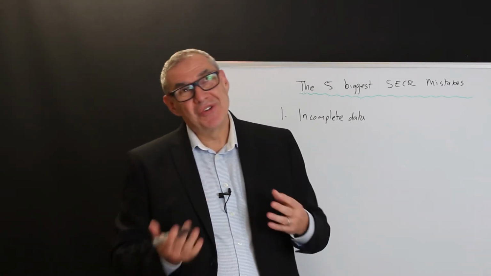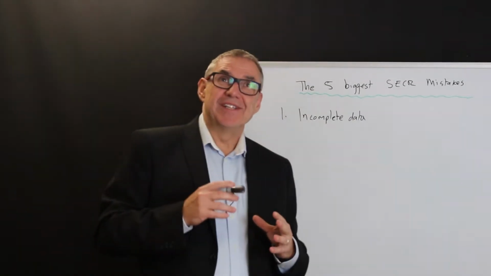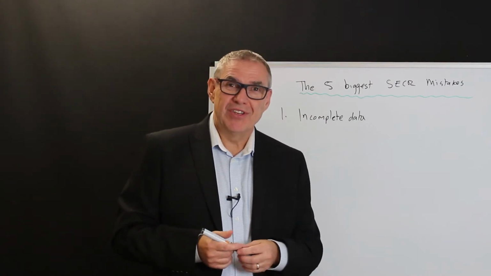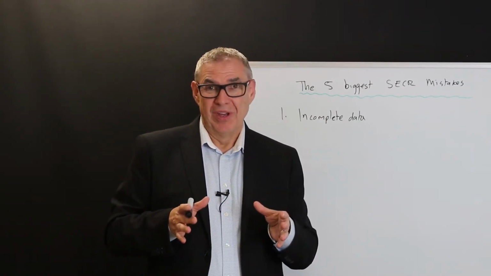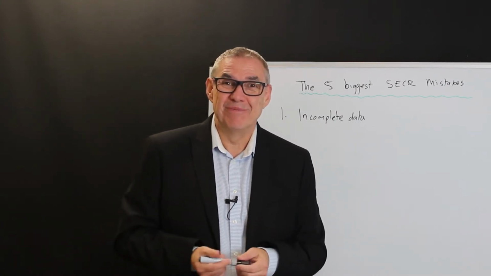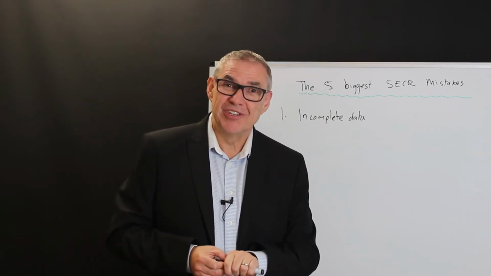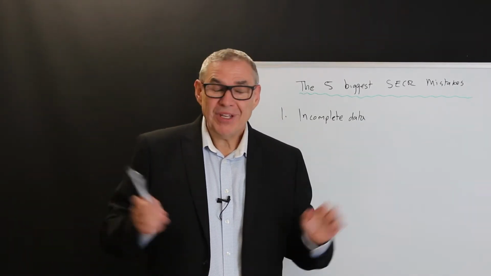The second tip I'd give you for incomplete data is to try and put a system in place that doesn't just rely on you. If you're the lucky person who's been allocated the role of prepping your SECR report, if you've got to go out to 70 sites and chase 70 people, nightmare.